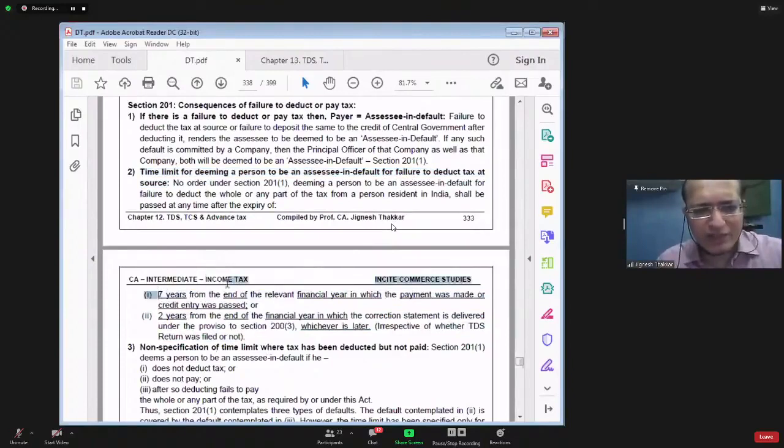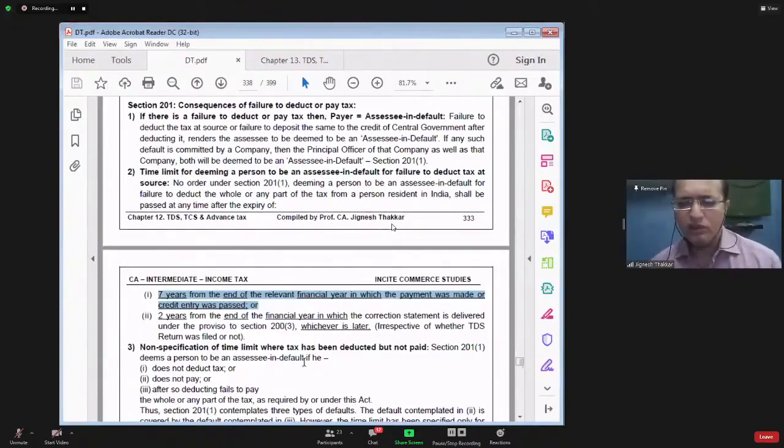First point is 7 years from the end of the financial year in which payment was made or credit entry was passed. 7 years from the end of the financial year in which payer has made the payment to payee, or 7 years from the end of the financial year in which payee's account is credited in the books of payer. In TDS, we learned now when to deduct TDS, at the time of payment or at the time of credit, which was earlier.